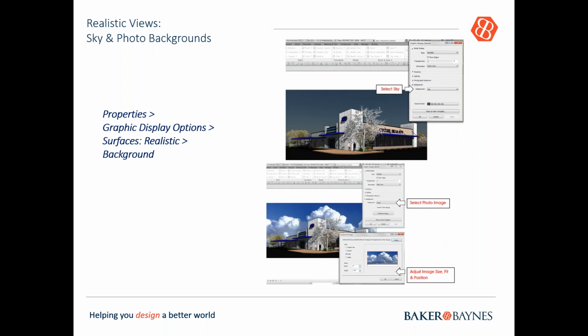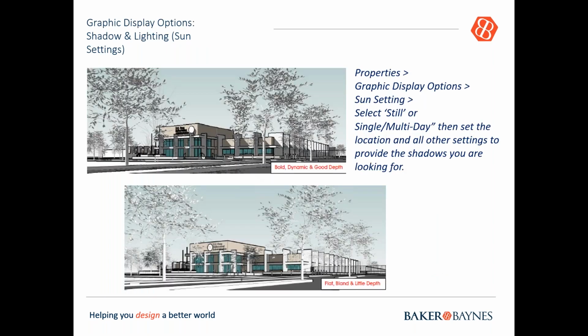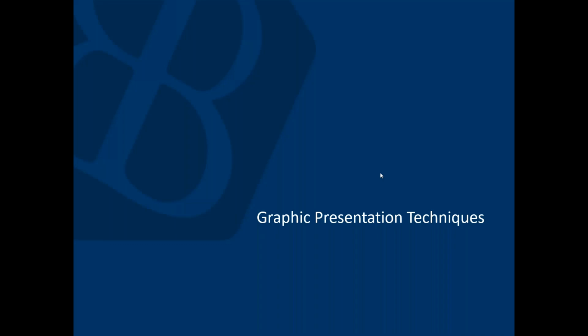And then we looked at photographs, putting photos in the background, adding a sky with clouds to improve what your drawing looks like. And we also looked at how to use the shadow and the lighting and the sun settings to create different renderings or different views of your drawing.